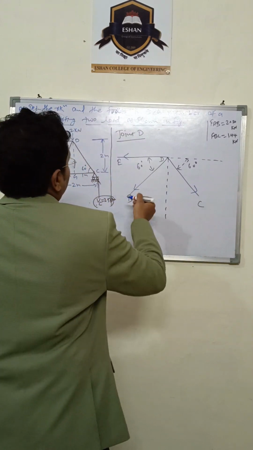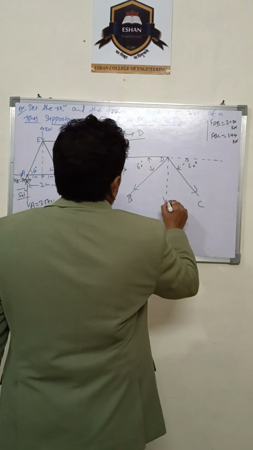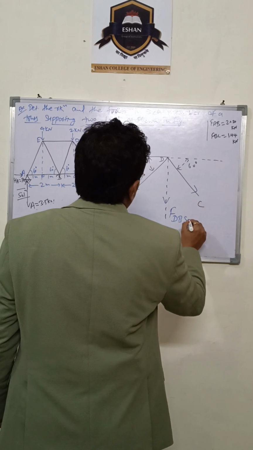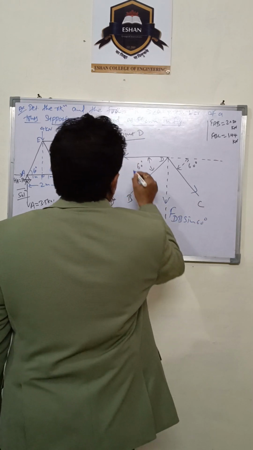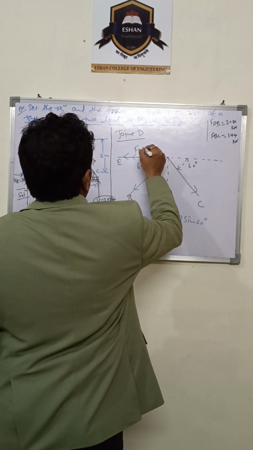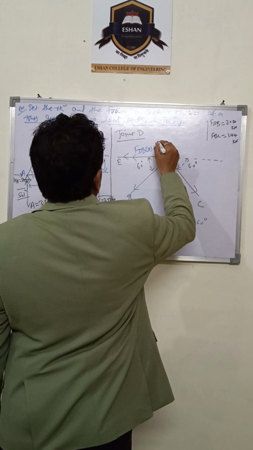Consider the DB member: FDB sin 60 degree and FDB cos 60 degree.